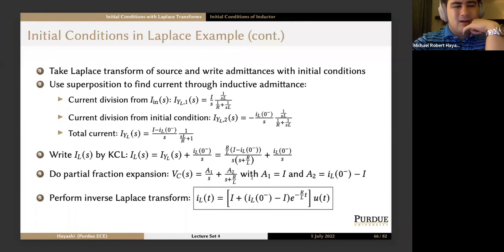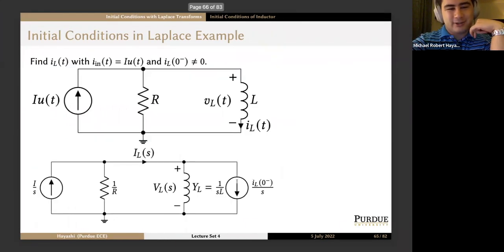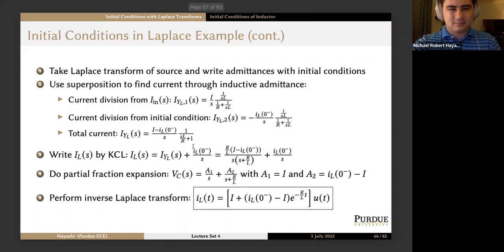So remember, we did not find the total inductor current. We only found the current through the curly inductive admittance. We need the total current. So iL of s, the total current through the inductor, which is what we want, is that bit through the admittance plus the original iL0 minus of s.